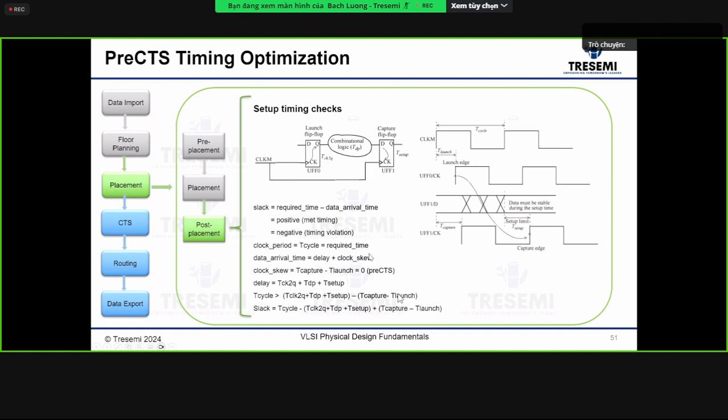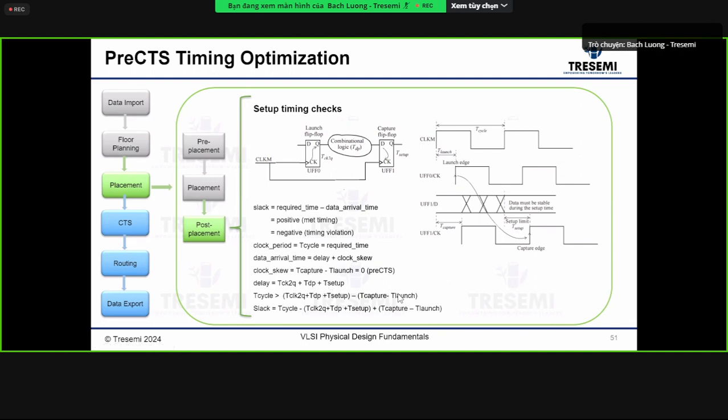So the required time is pretty much equal to the clock cycle time. The data arrival time is the delay here plus the clock skew, but we don't have clock skew, so we just have TPD, which is the logic delay from here to here. So the delay would be clock to Q plus TPD from here to here, plus the setup requirement.